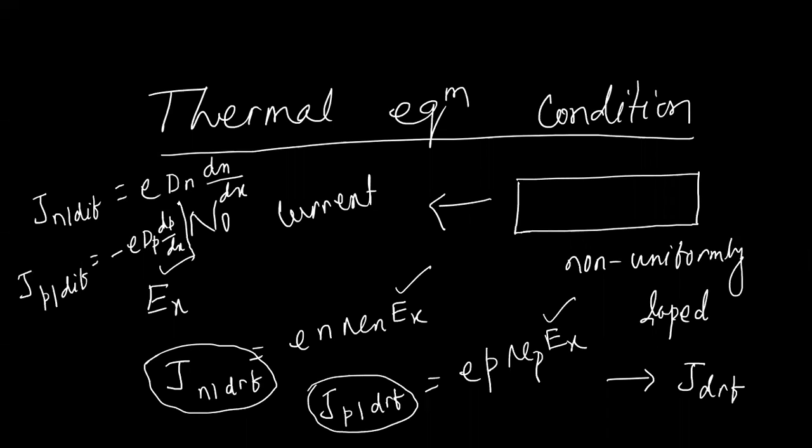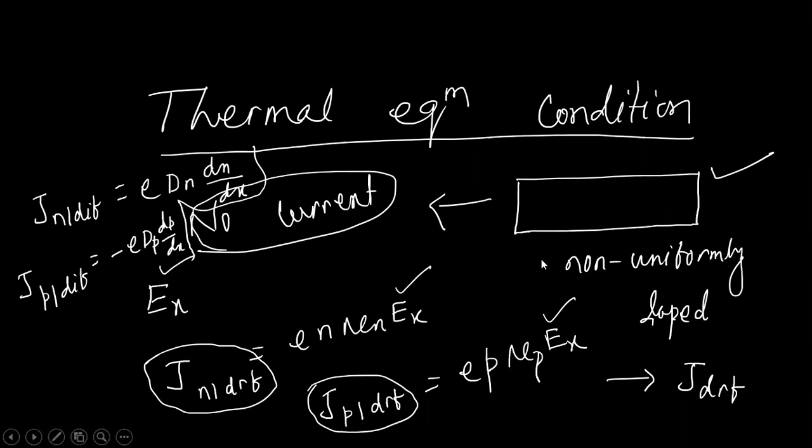Now the total current density must be zero. There is an induced electric field which leads to drift current, and a concentration gradient which leads to diffusion current.